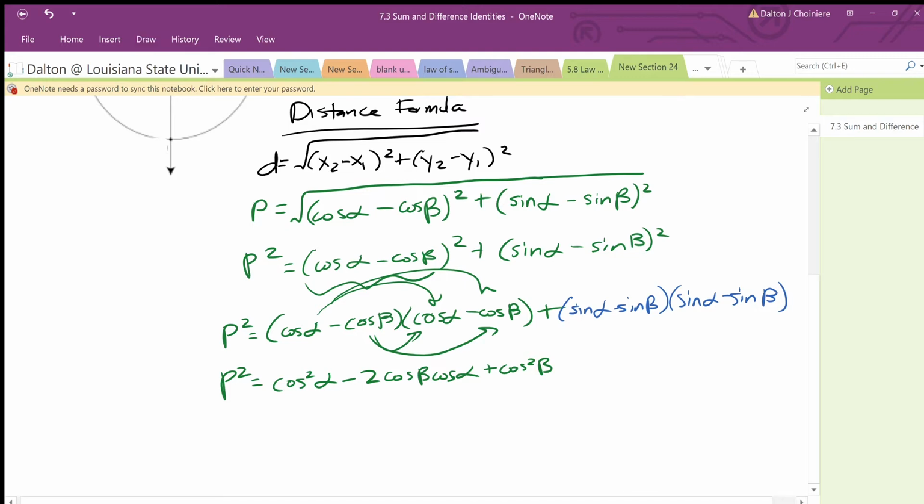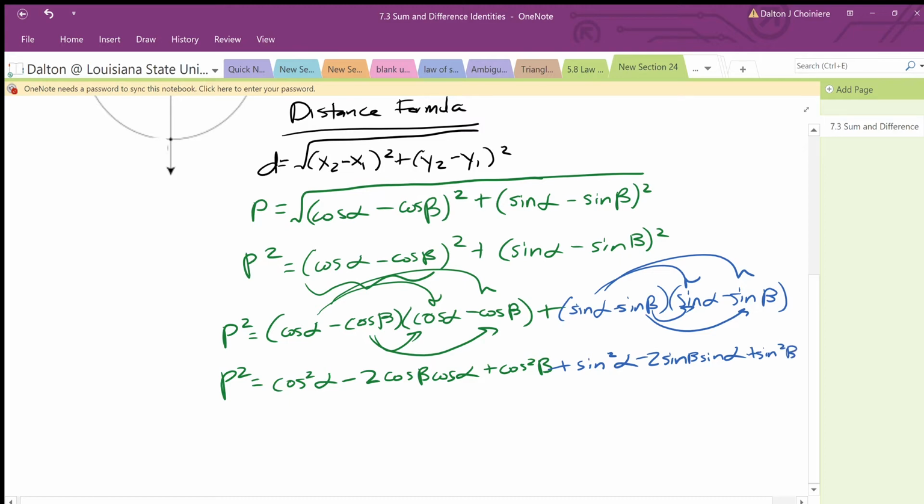Temporarily it looks worse. Then if I FOIL the blue stuff with the signs, I'm going to get basically the same exact thing as I did earlier, but with sines and alpha and beta as well. So it'll be sine squared alpha minus 2 sine beta sine alpha plus sine squared beta.